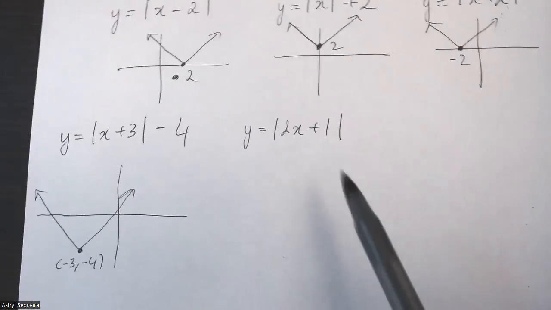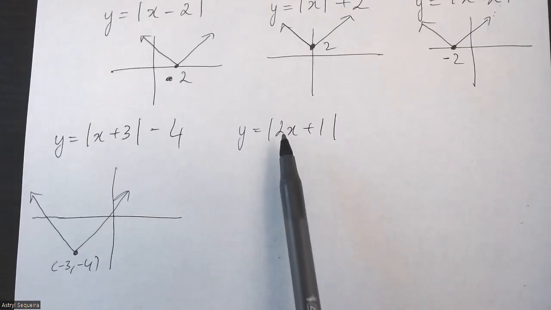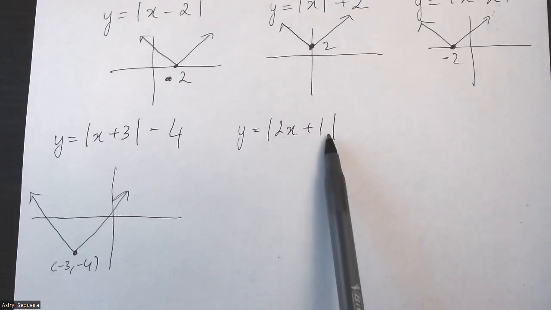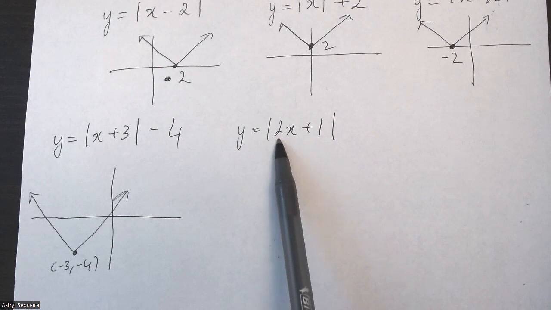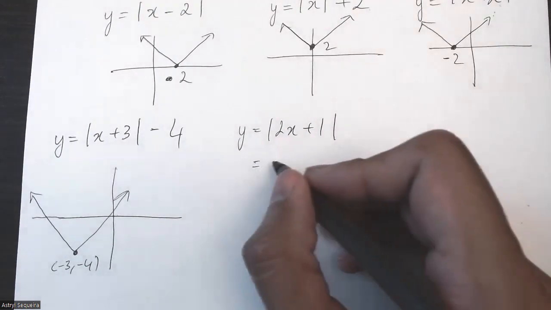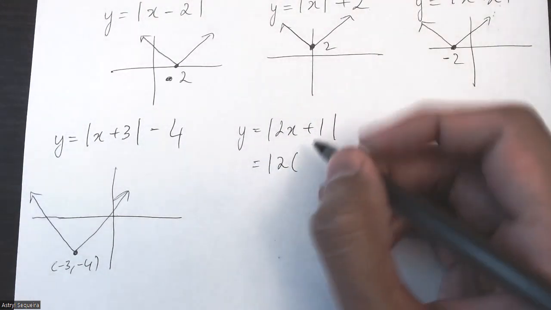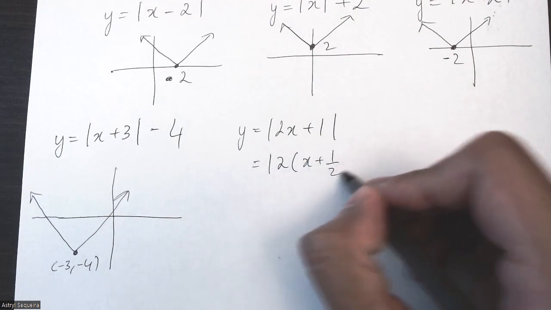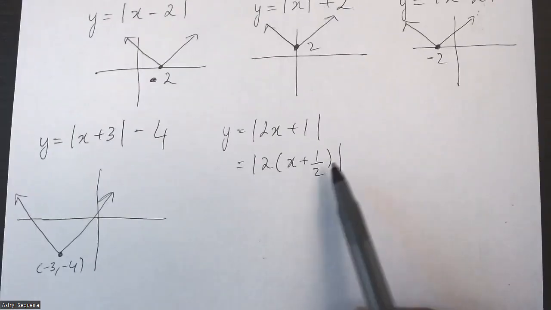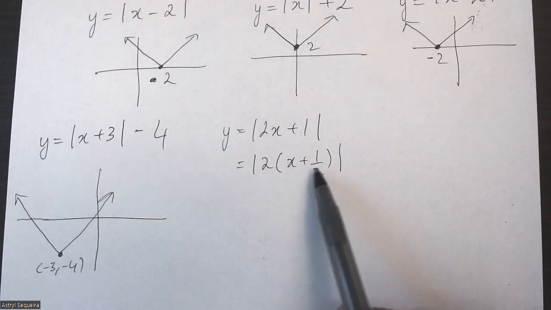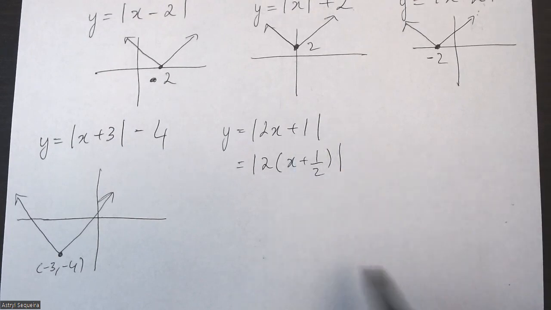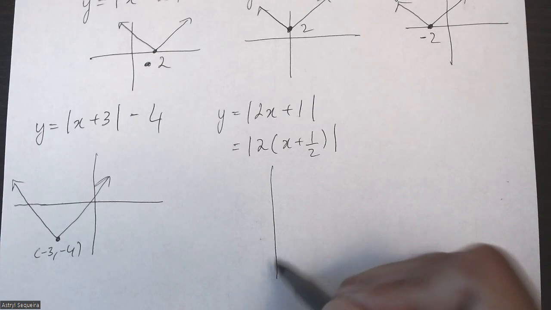So this is almost like a trick question. You've probably seen it in grade 11. When we have a k value and a d value, we have to factor out the k value. So before sketching it, we're going to go 2 and then x plus 1 over 2. So this one is actually shifted left by 1 unit or by half a unit, not 1. And that's a common mistake that a lot of people will make.